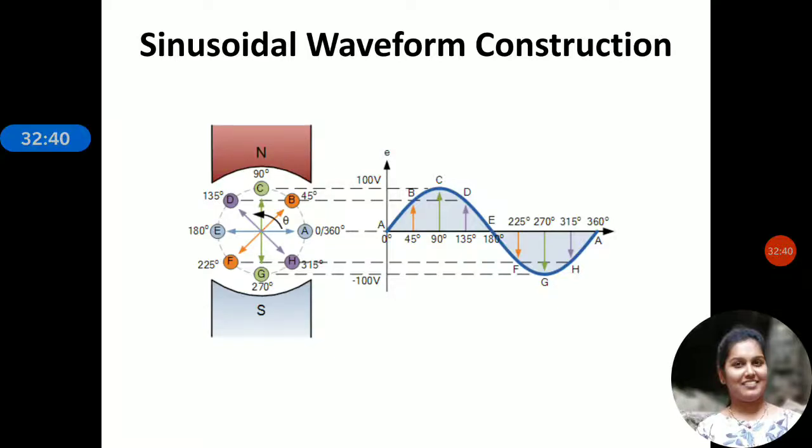When the current carrying conductor moves from position E to F, it is moving in the reverse direction, so the EMF induced will be on the negative side.